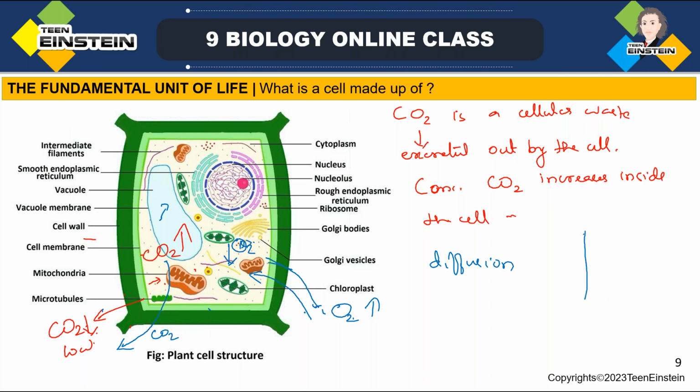Here this is a cell, this is inside the cell and outside the cell. Here, in the diagram, we are writing oxygen diffusion from outside to inside, and carbon dioxide diffusion from inside the cell to outside.